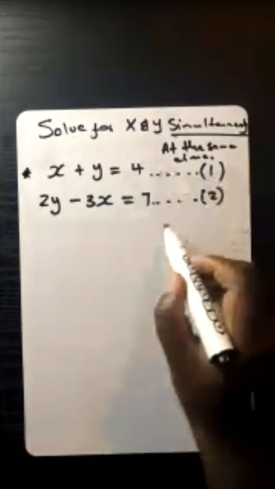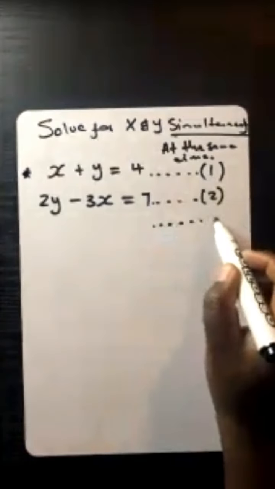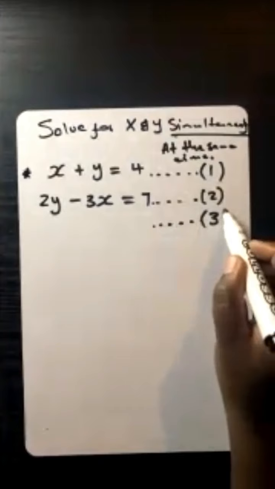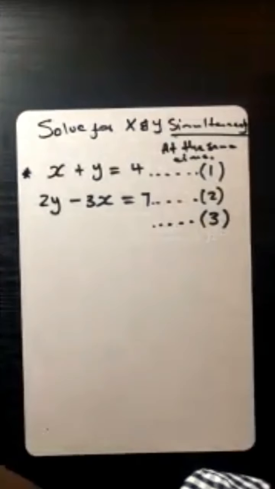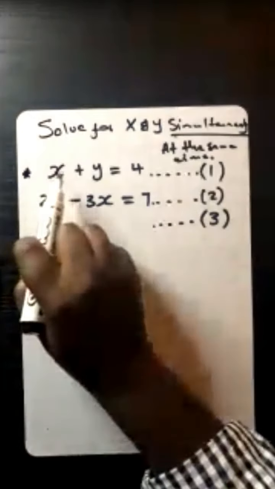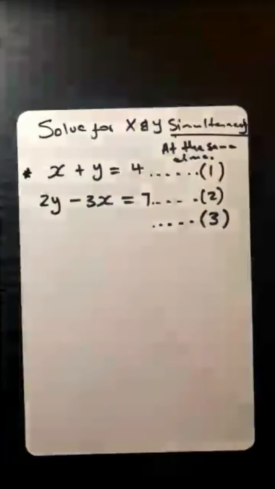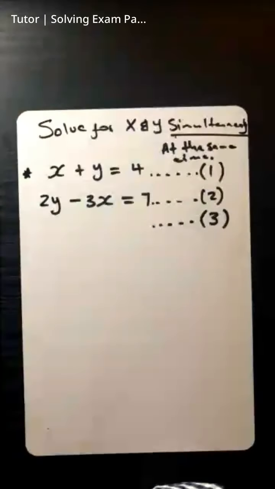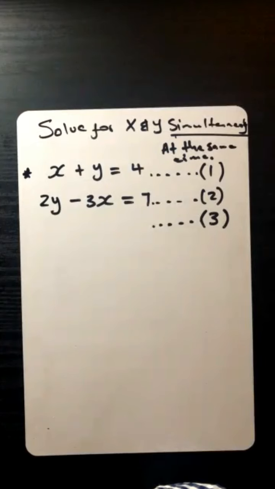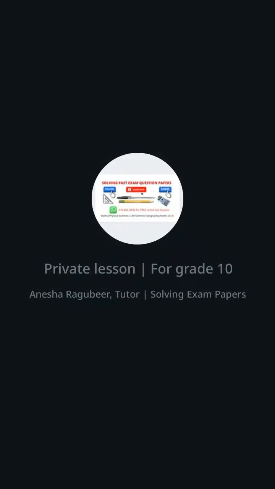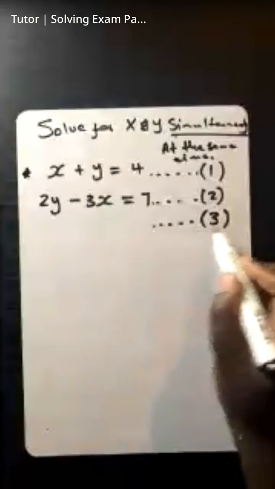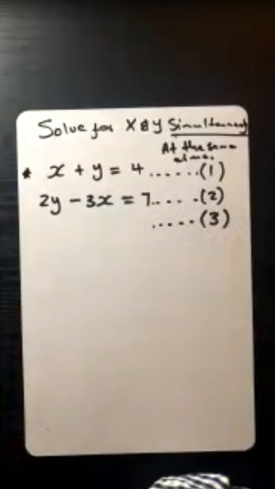So you need to derive equation number three. How do you derive equation number three? You need to make either x or y the subject of the formula. Unmute your mic. I will need your participation on this one. Do you understand that part where I say you need to derive equation number three?